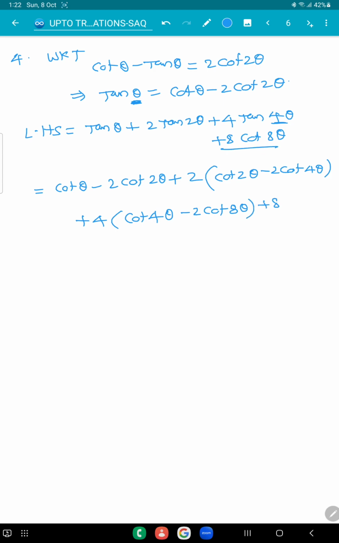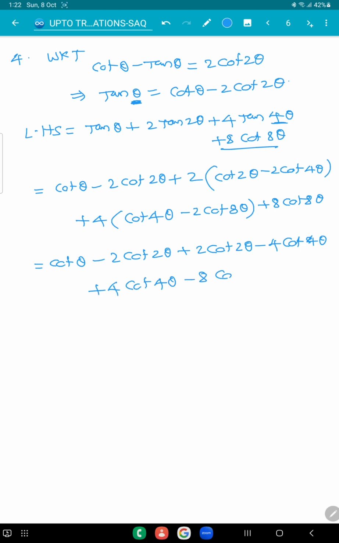This 8 cot 8 theta is as it is. So that is equal to cot theta minus 2 cot 2 theta plus 2 cot 2 theta minus 4 cot 4 theta plus 4 cot 4 theta minus 8 cot 8 theta plus 8 cot 8 theta. All these terms get cancelled. We are left with cot theta, that is nothing but right hand side.